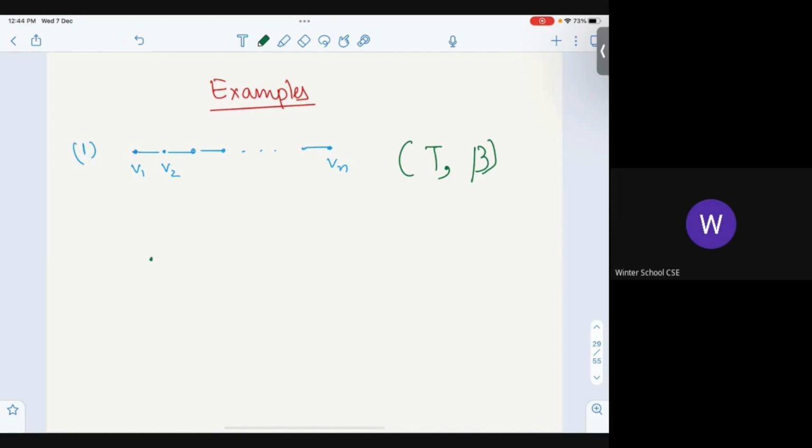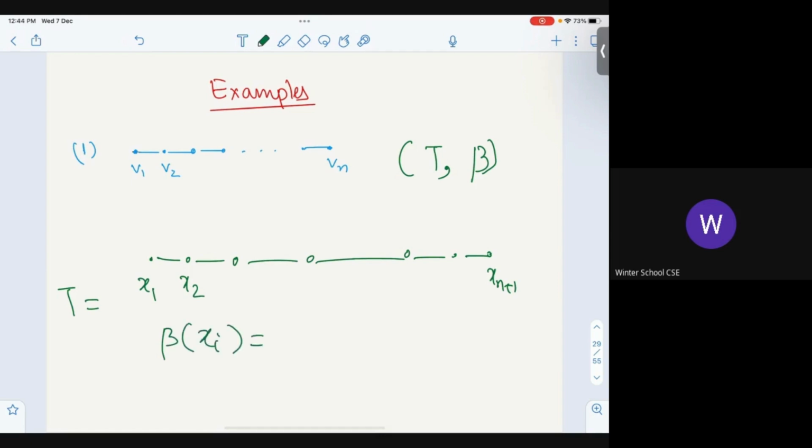Someone tells me that I make a path, and just to differentiate from v1 to vn, I'm going to call them x1, x2, up to xn plus 1. This is my corresponding t. Now you have to tell me what beta of xi is.